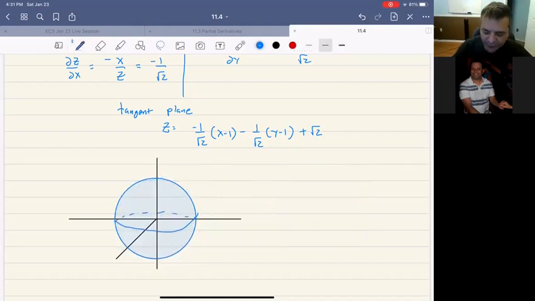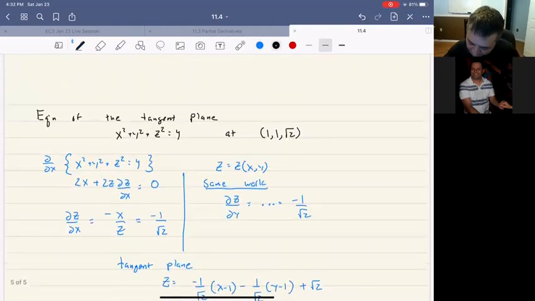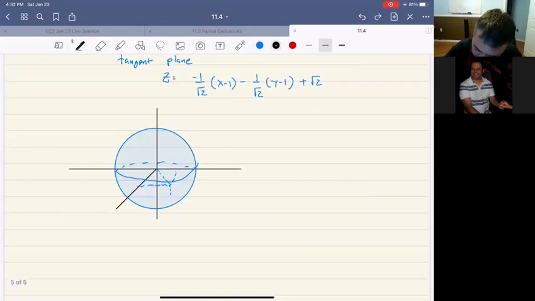Now what we're doing, the point is over here, somewhere about here, let's say. 1, 1 actually, z should be positive.